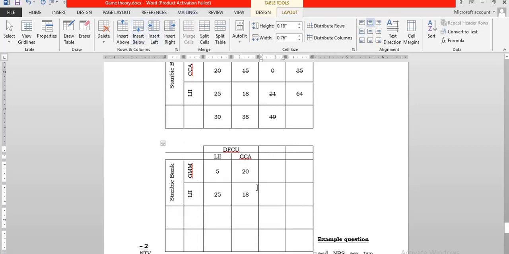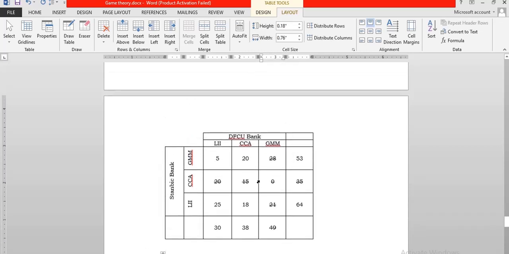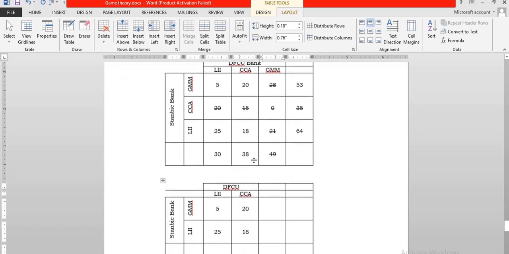Remember what we have just done by removing the rows and columns. We have applied what we call the dominant strategy, whereby you're removing the rows and columns that are dominant to the others, and remain with the others which are not dominant.